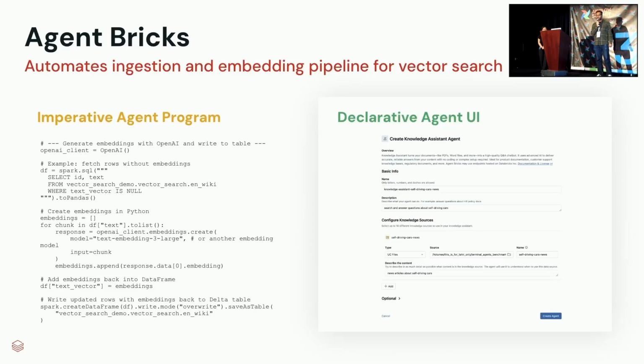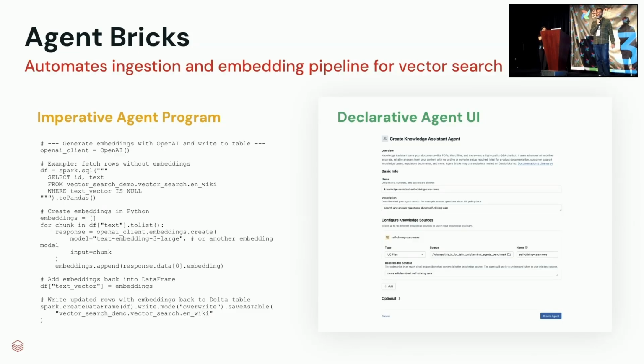We're also bringing this declarative system concept to a lot of our other products, especially products that have a user interface. For example, with Agentbricks, we can automate the ingestion and embeddings for a vector search database pipeline. Typically, if you're building an agent, you need to write the code that will read data, compute embeddings, and write back to another Delta table or to a vector search database.